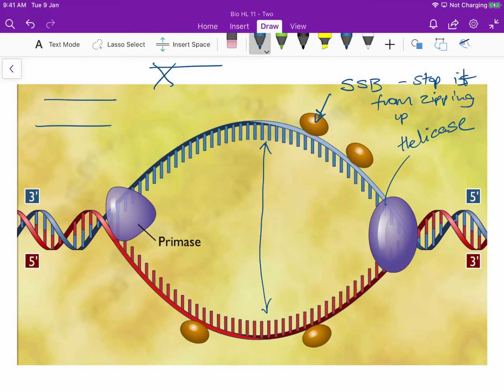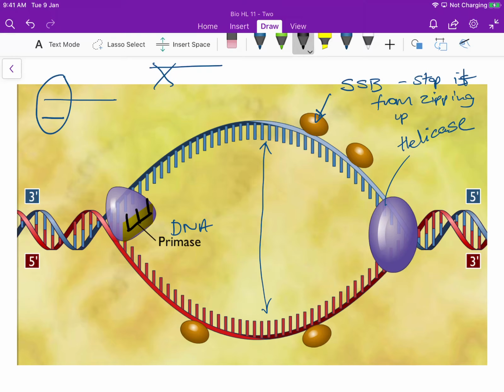So we need to have at least a small section where we have a double strand. And that's going to allow our next enzyme to come in and bind. So primase, that we could call DNA primase, is going to add in some new nucleotides in that section there.